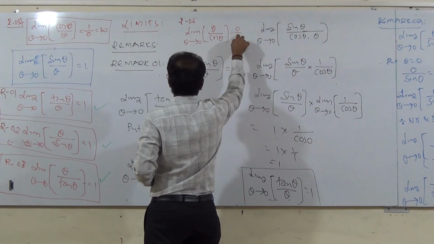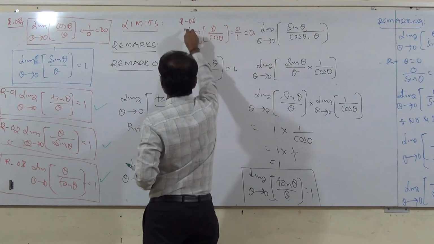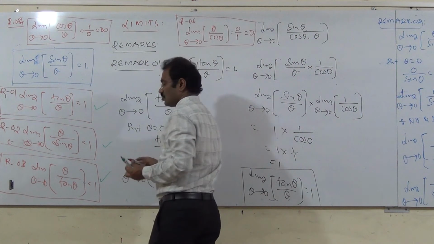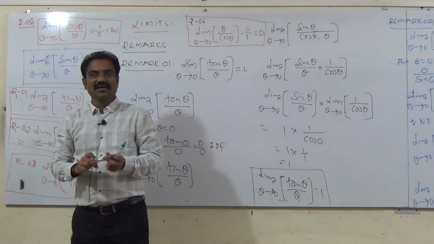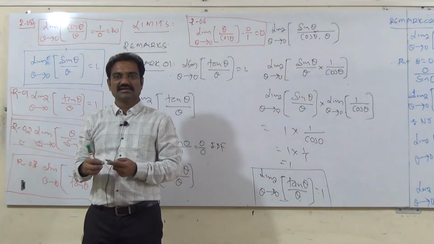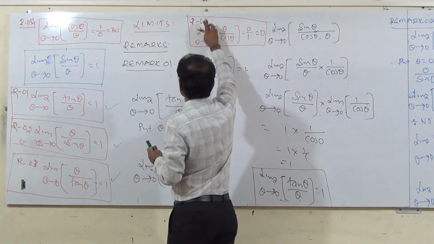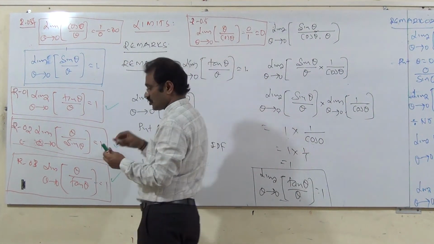Cos 0 is how much? 1. Answer is equal to 0. This is your sixth remark. Totally we have the one theorem and five remarks. You have to remember this much.